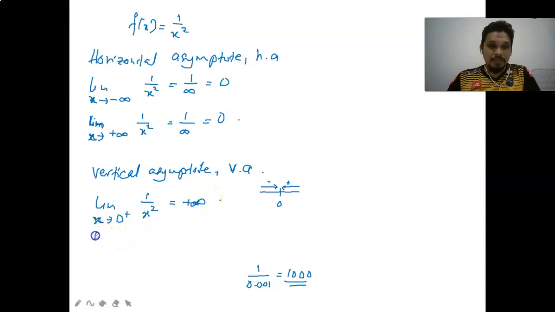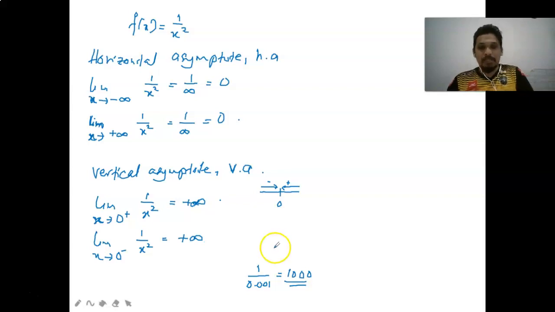Also, for the limit of x approaching 0 from the left side of 1 over x squared, x goes through negative 2, negative 1, negative 0.5, negative 0.2, negative 0.1, negative 0.01, negative 0.001, and so on. When you substitute these x values and square them, it gives you a positive value, so you also come up with positive infinity.